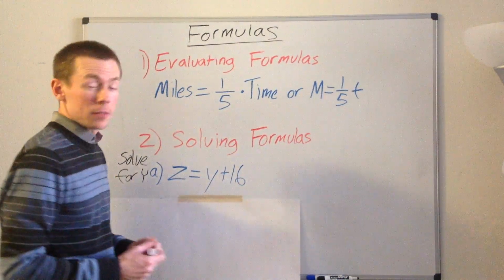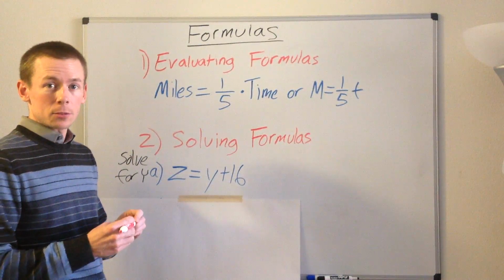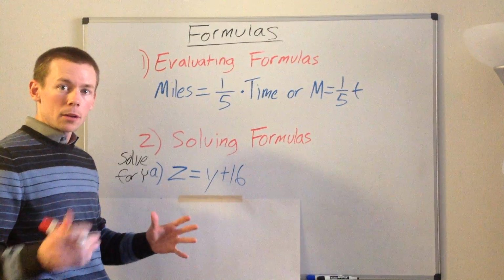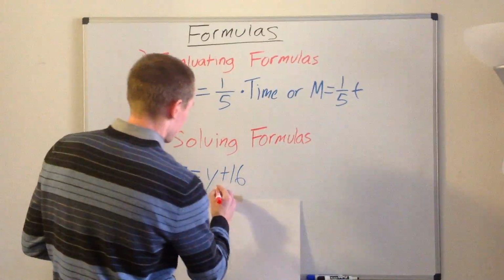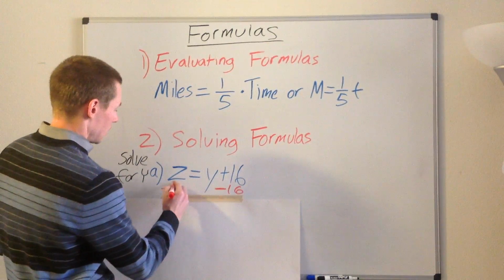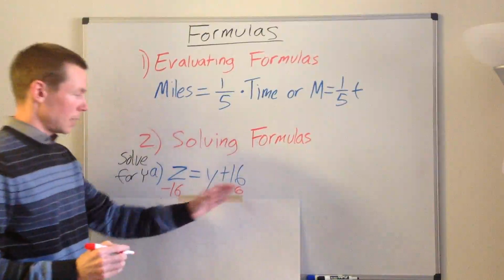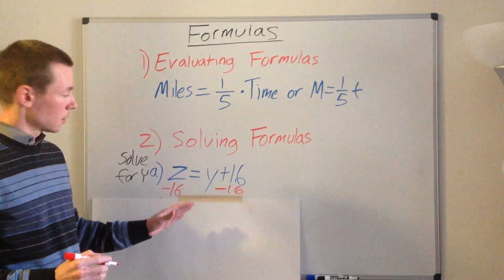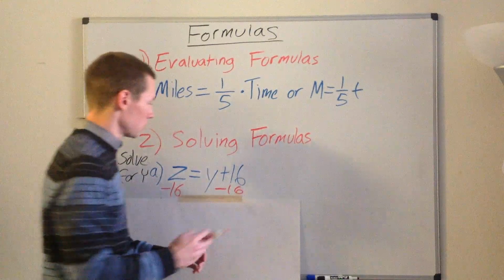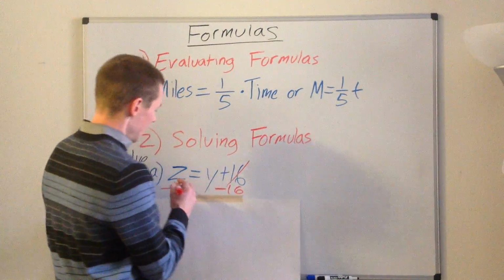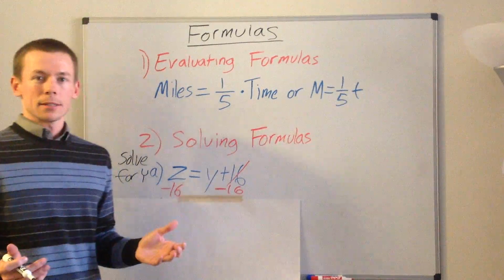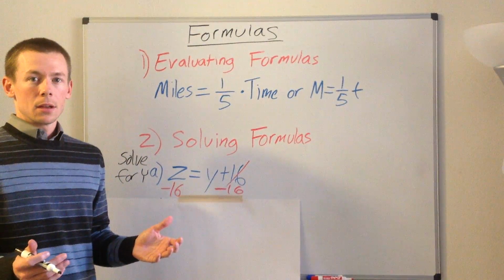Okay? So, to solve for y, we've got to get rid of this plus 16. As we saw at the beginning of the chapter, how do we get rid of this plus 16? Well, to make it 0, we subtract 16. As we saw from the balance, we have to do the same thing to both sides. So plus 16 and minus 16 are 0. That's what we want. And now over here we have z minus 16. Now what is z minus 16? Well, we don't know.